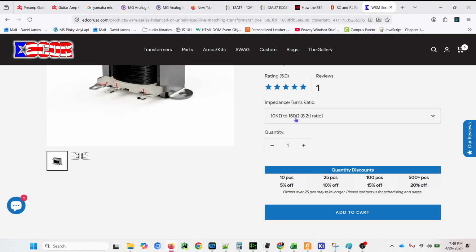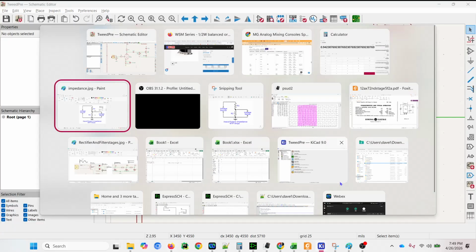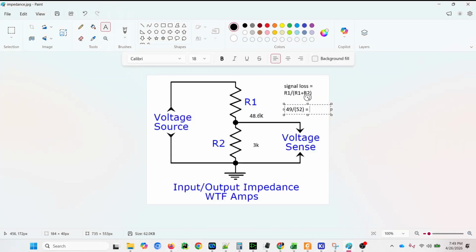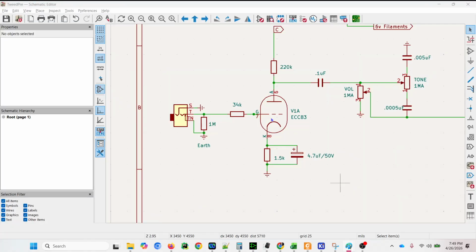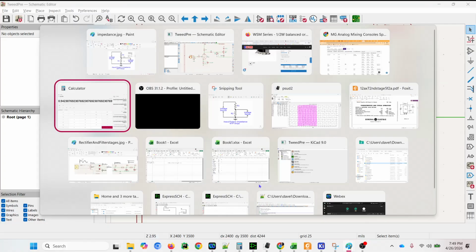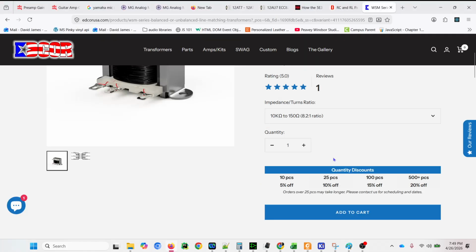But how do we figure that out for our specific case? We have an output impedance of almost 50K, so how do we do the math to figure out how much this transformer is going to knock down our output impedance?